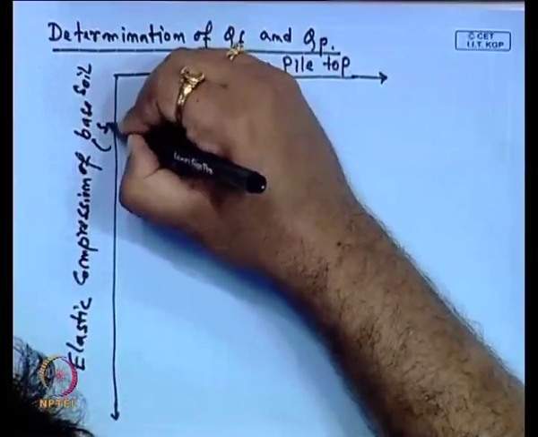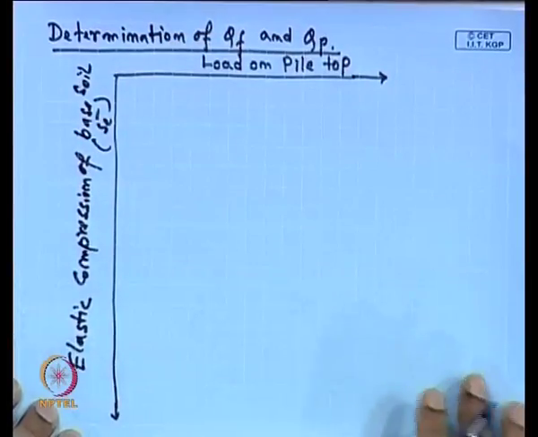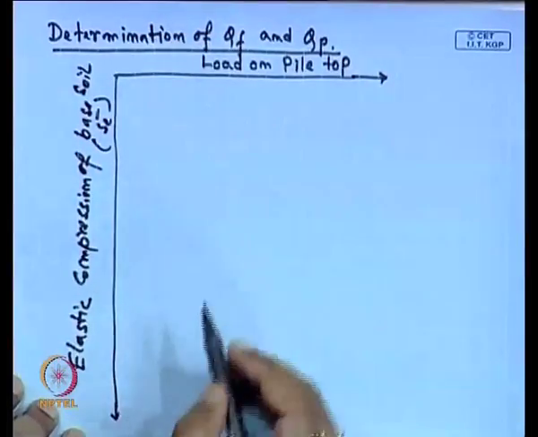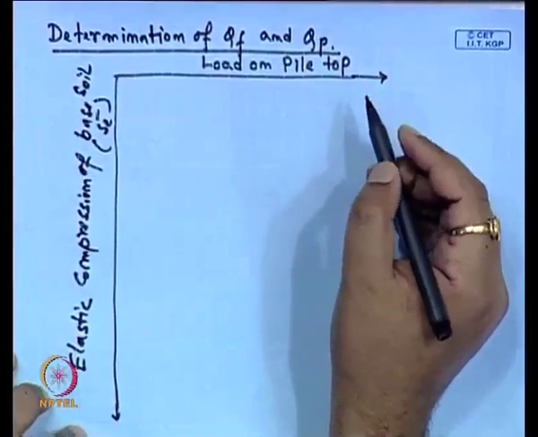So, you can write this is SE bar. So, this side is AC bar and this side is the load on the pile.